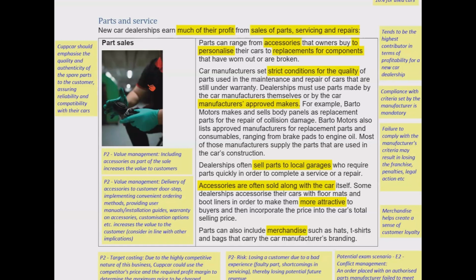So there's that element of competition in terms of offering servicing. A customer might well be happy to drive to two different dealerships within Cuppcar's network that happen to service that make of car, if it means they feel they're going to get a better service, a better price perhaps, from that different dealership.